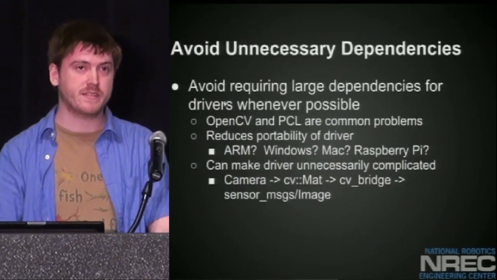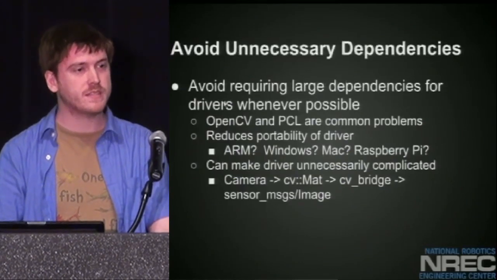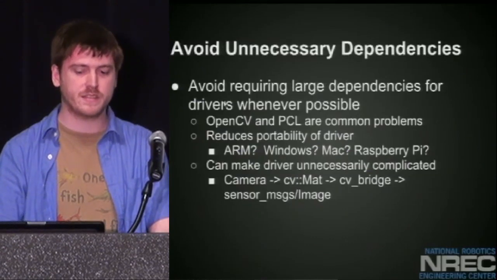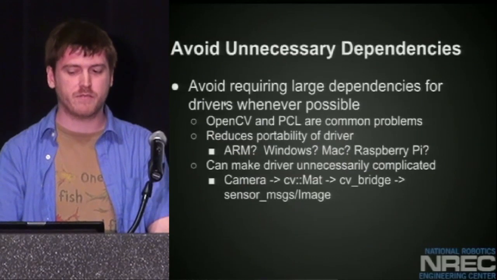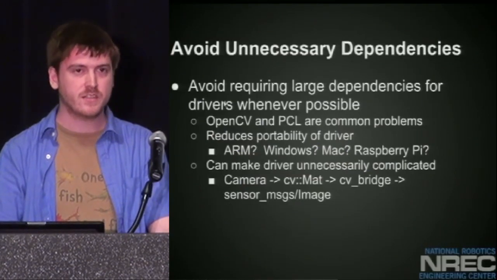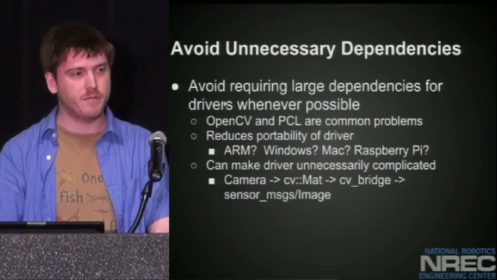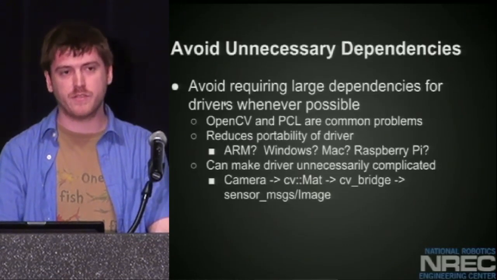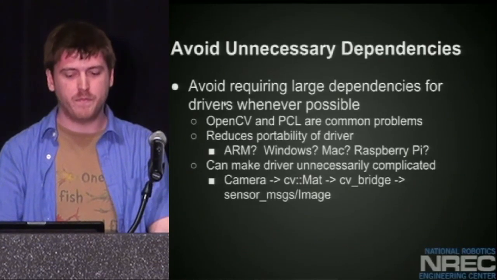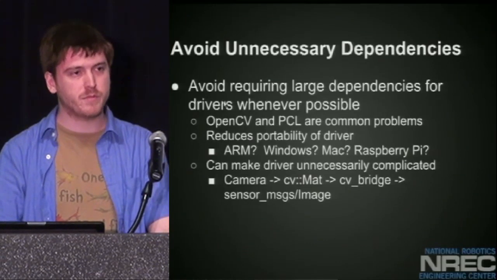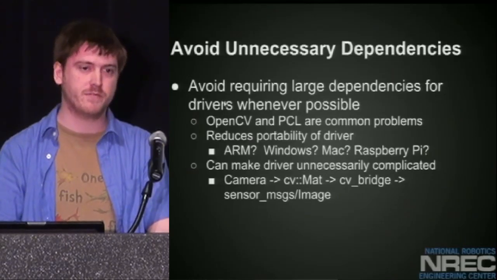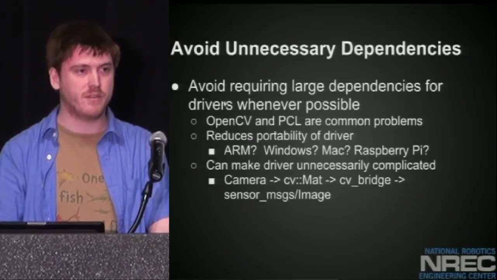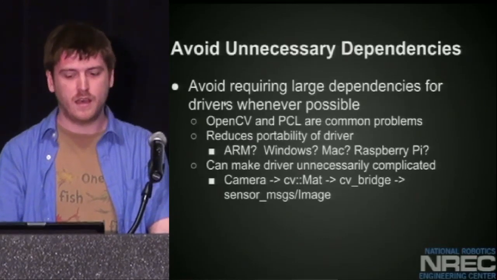And speaking of dependencies, just like we would like to avoid requiring ROS at this stage, other mistakes that people make can be requiring large dependencies. OpenCV and PCL are common dependencies that people require in drivers that really place an unnecessary burden. They reduce the portability of the driver because you may not be able to compile OpenCV on whatever versions of dependencies you have on your embedded system.